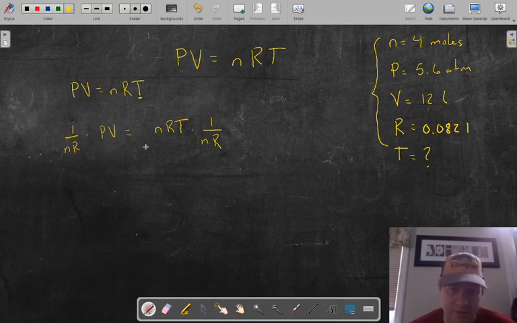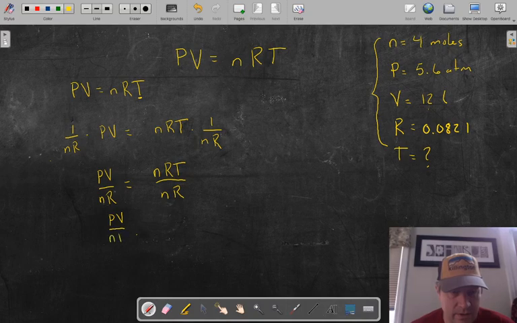Okay, I'll do the math out a little verbosely here. So what's PV times 1 over nR? Well, that's PV over nR. And here I have nRT over nR. I'm going to regroup this a little bit: PV over nR equals nR over nR times T. I just regrouped it.